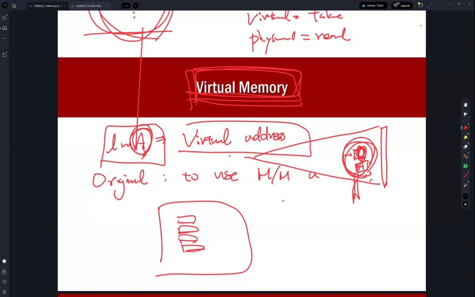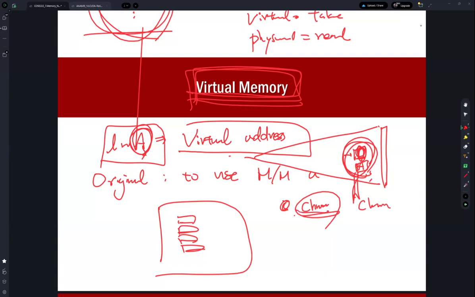And then another reason is that in a single computer system, we run multiple processes. So what's the problem? For example, I am using Chrome, right? Then I also launched Chrome multiple times. What does that mean?